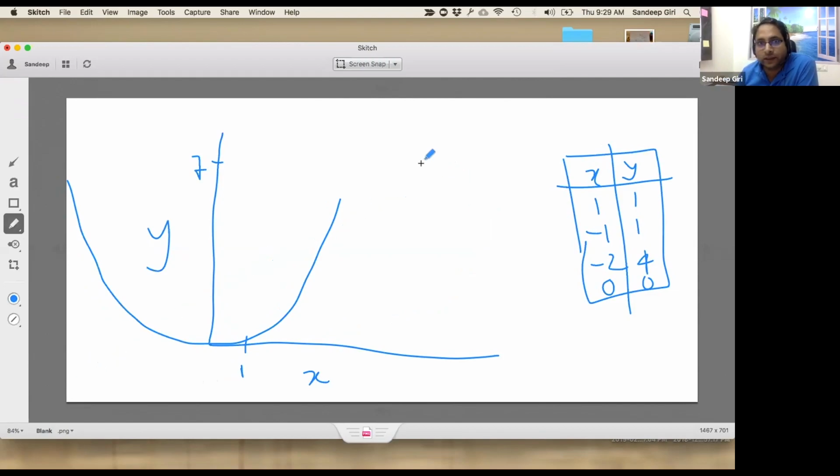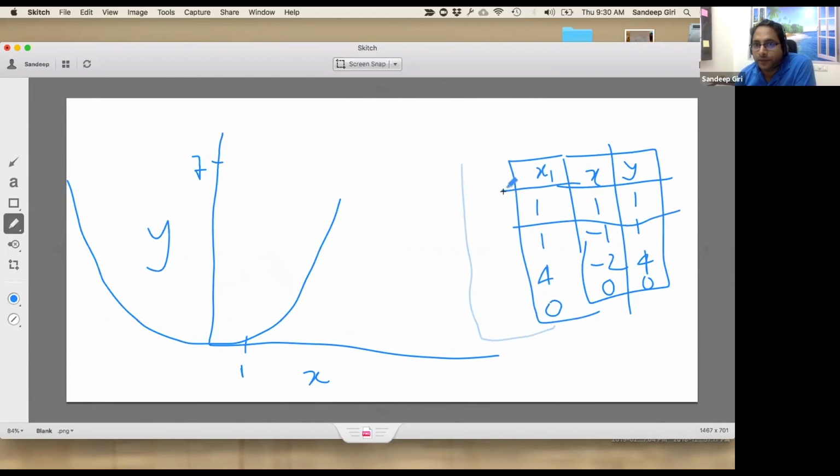So what we do is convert these into polynomial features. Imagine that we add a term here, let's call it x1, which is the square of x. We put 1, 1, 4, 0. Let's say we add one more term, a third feature, x cube, and we get some values for it.